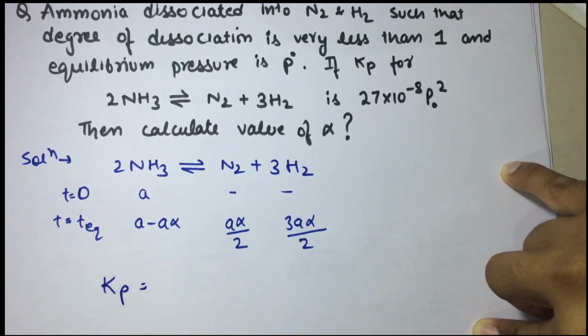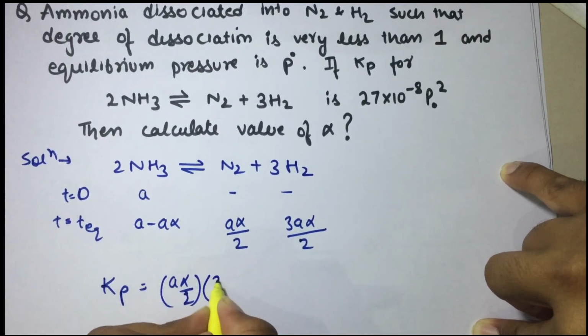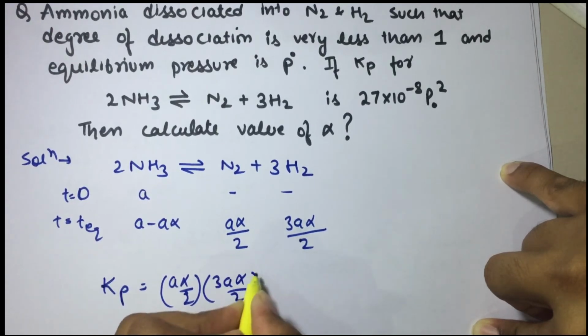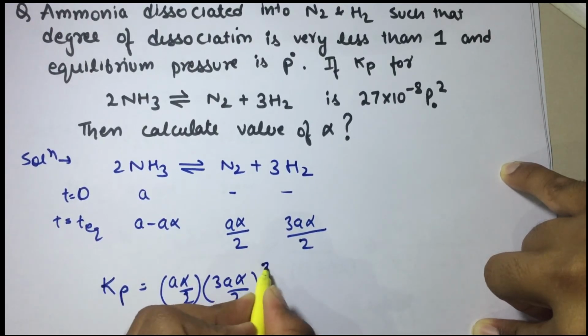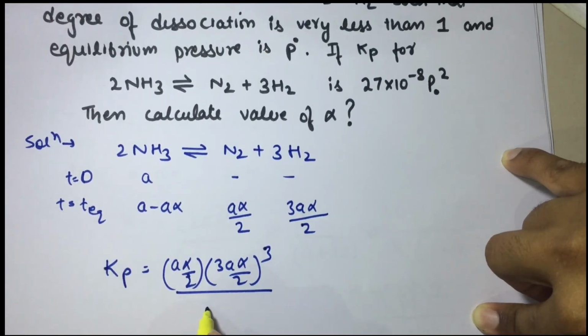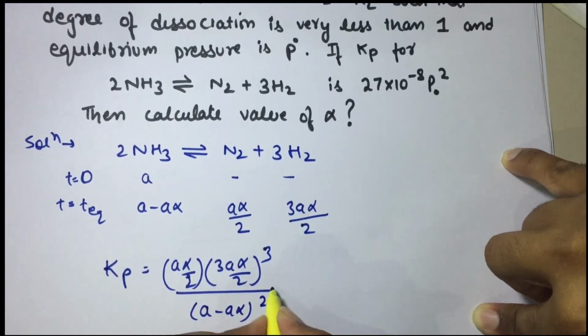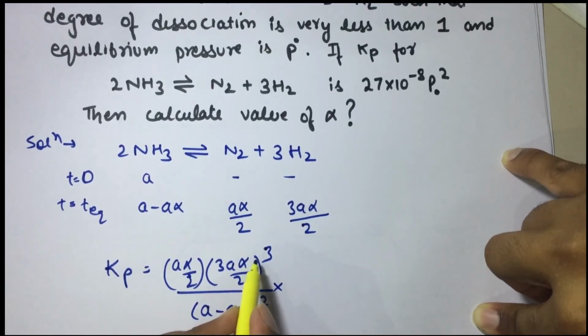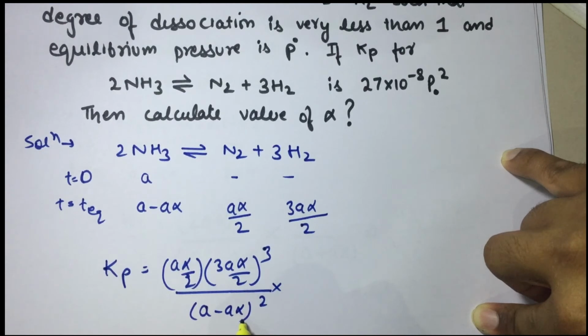Okay, now we write the expression of Kp. So Kp will become A alpha by 2, 3A alpha by 2 to the power 3. In the denominator we have to write NH3, A minus A alpha to the power 2. Now in the numerator we have 4 terms, denominator we have 2 terms.